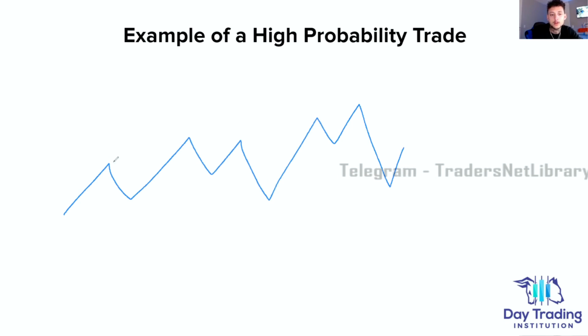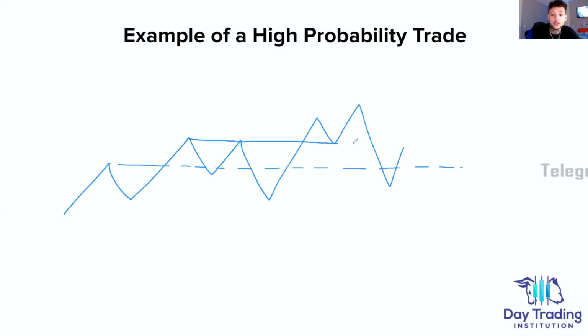Okay, so I'm not going to get too in depth here because we haven't really even gone over market structure or anything. But what I'm going to simply be doing is talking based off of price levels. So let's take some time to do this drawing here.